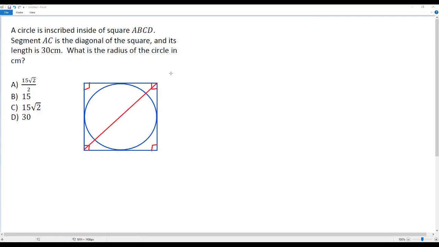Whenever I draw a diagonal to a square, the diagonal will bisect the angle at the vertex over here and at the vertex over here. Bisect means the diagonal will divide this angle into two equal parts. We know that it's a right angle, so it's 90 degrees. So this 90 degrees angle measure will be divided into two equal parts by the diagonal. Then we'll have 45 degrees over here, and here we'll have 45 degrees.